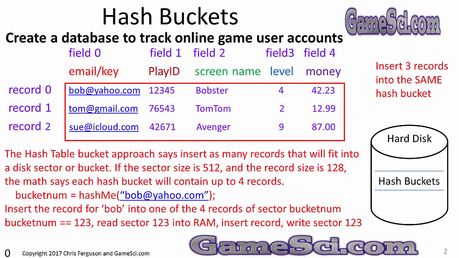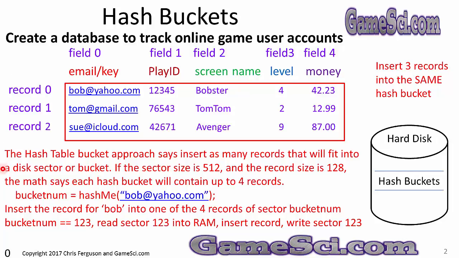Here's our data again. Let's step through inserting 3 records into the same hash bucket. We have 3 records, Bob, Tom, and Sue, and we're going to insert them in the database. This is when we're creating new user accounts and have to place new users into a hash table. The hash table bucket approach says insert as many records that will fit into a disk sector or bucket.